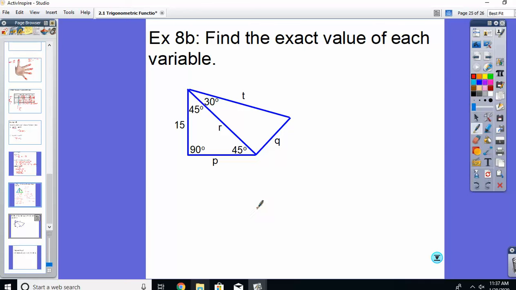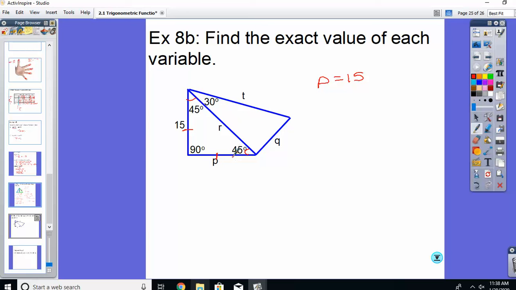Are there any values that we automatically know looking at this one? P. Since these two angles are 45, they're the same, that means these sides have to be the same. So P would have to equal 15.